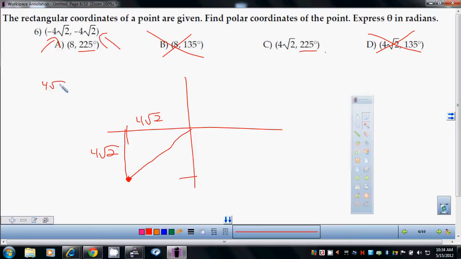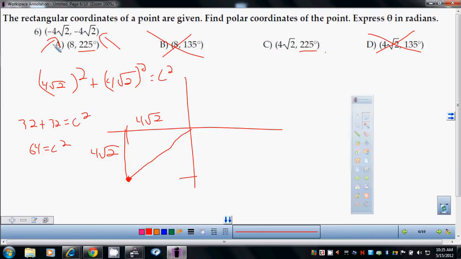A squared plus b squared equals c squared. 4 squared is 16. 2 squared is 2. 16 times 2 is 32. It is. So the answer is alpha.